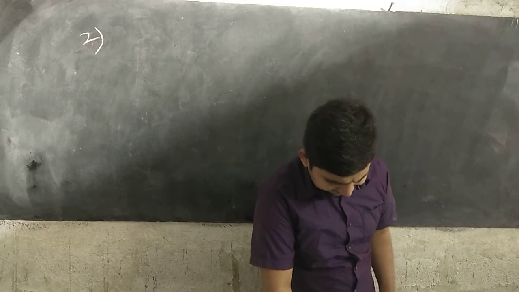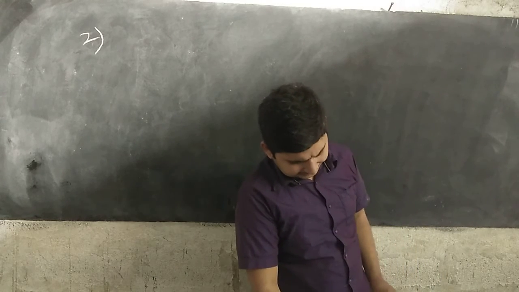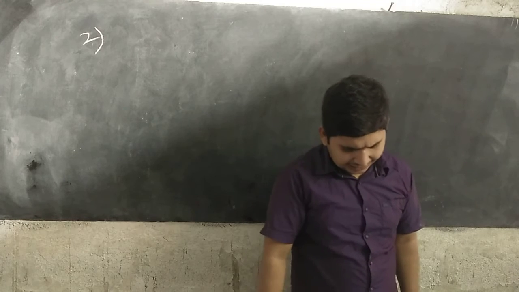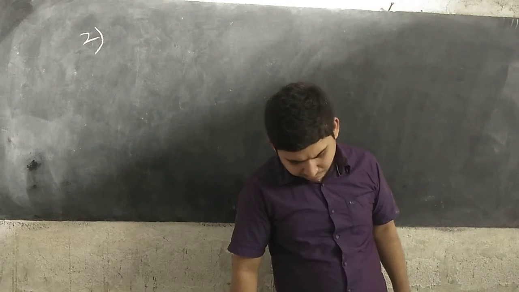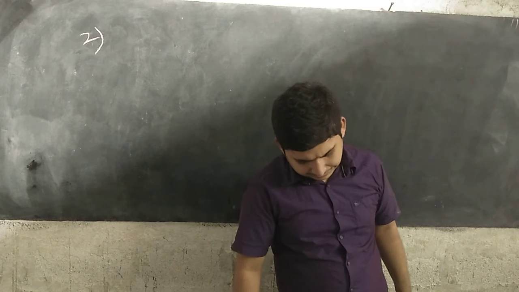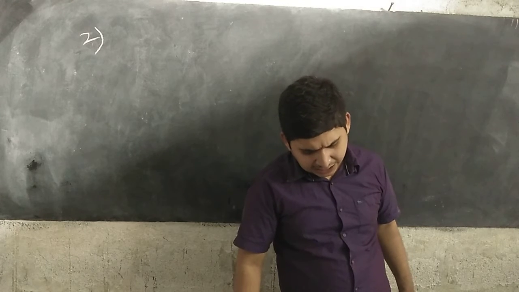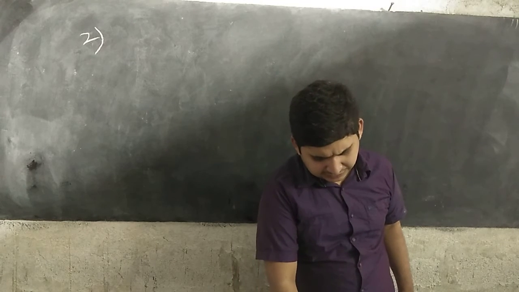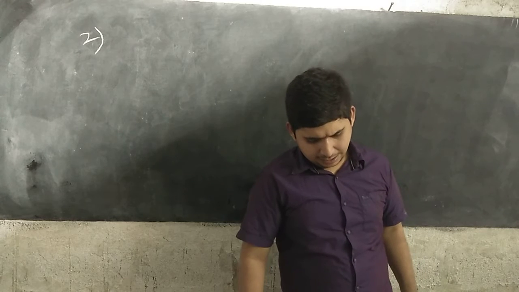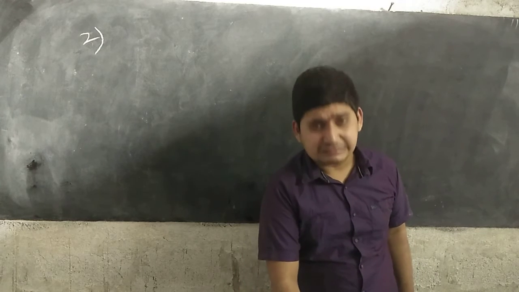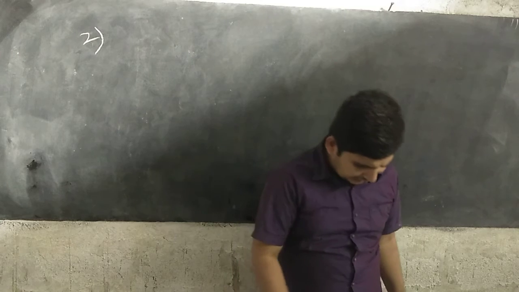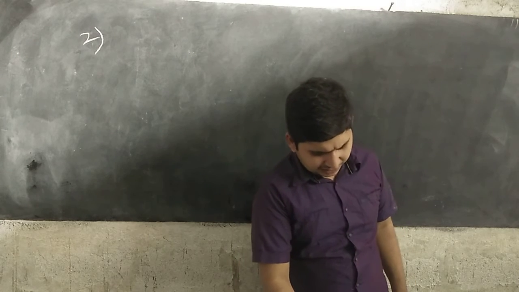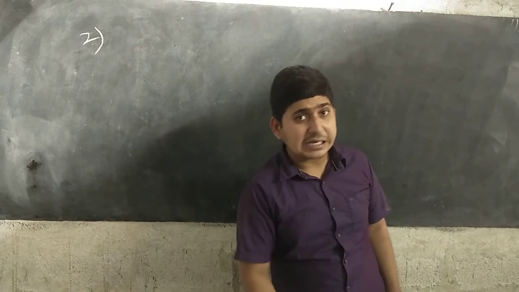The sides of a right angle triangle PQR: PQ equal to 7 centimeters and PR equal to 25 centimeters, and angle Q equal to 90 degrees, which means the right angle is given. Then find tan P minus tan R.